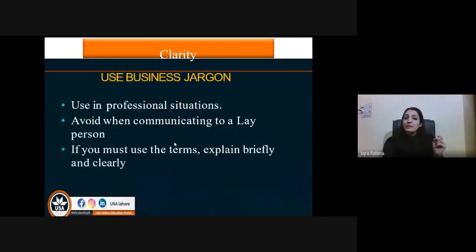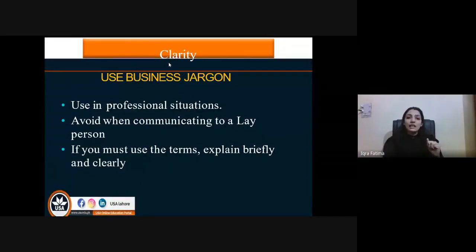Now, business jargons. Jargons are those which are specific to a specific field. Your field, the architectural field, may have different words, and in the science field, they might have their own terms and their own specific terminologies.